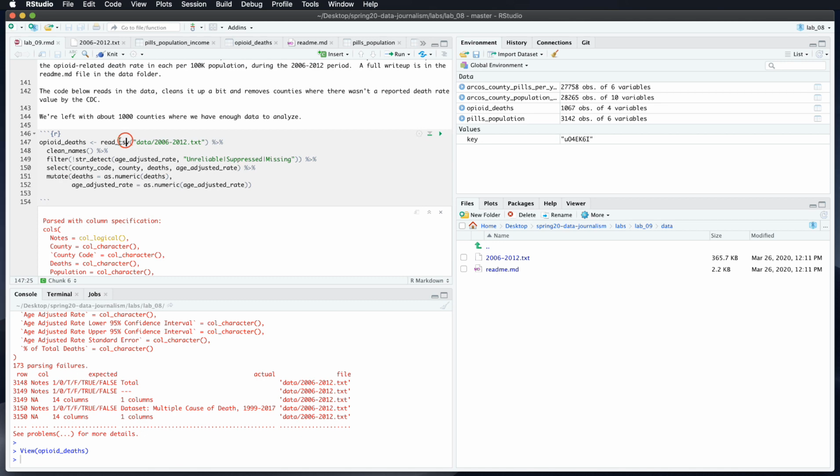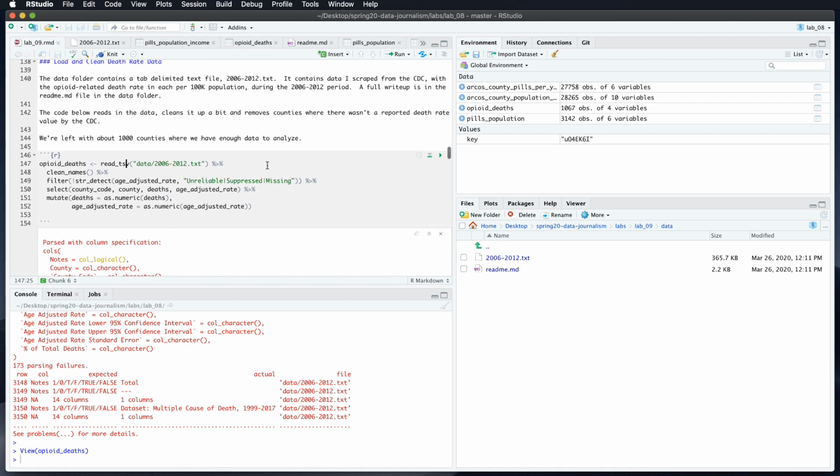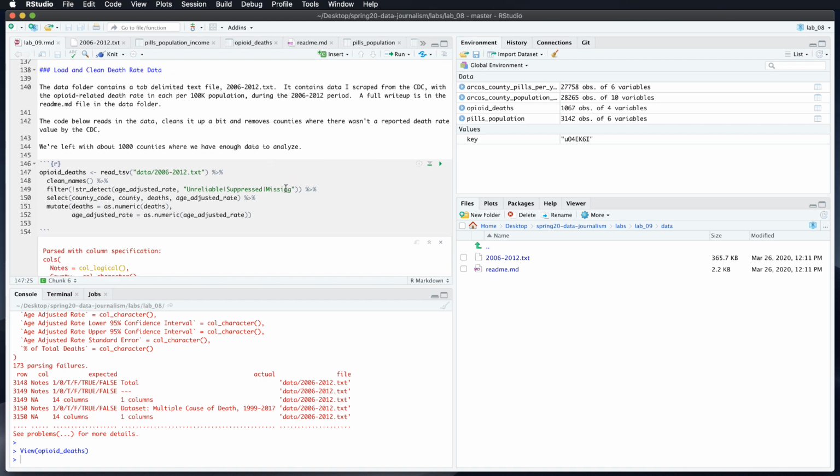So when I read this in, I used the read TSV function, cleaned up the names. I filtered out the places where the data contained missing values or unreliable values.